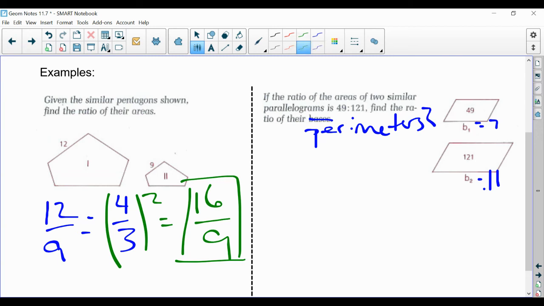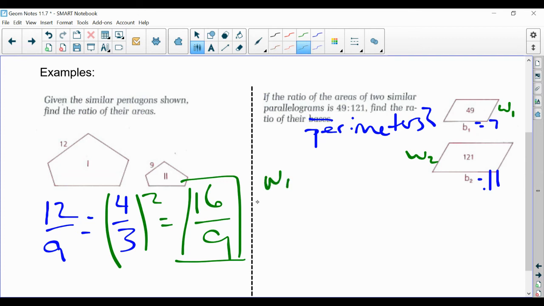Now, how can we figure that out if all we have is a length and we don't have a width? So we'll call that width 1, and that's width 2. That's a good question. Well, keep in mind that the figures are similar and the widths are also corresponding segments.